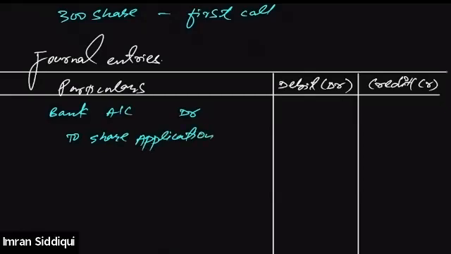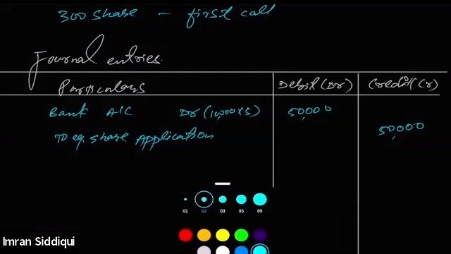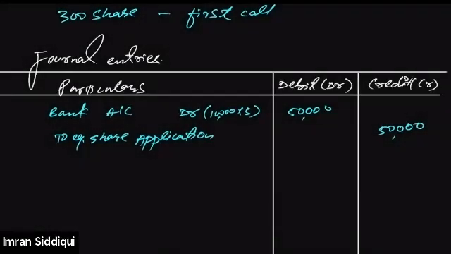Equity shares were issued, so we'll write equity share application. 10,000 shares were issued and the application amount is 5, so 50,000 will be debited. You can write down the narration on your own, everyone.